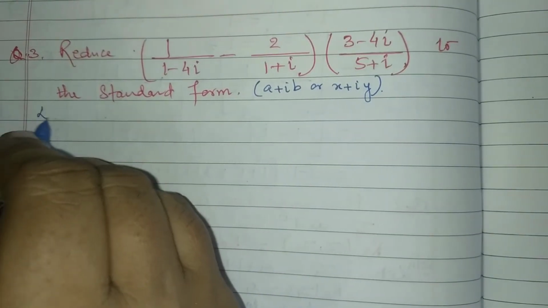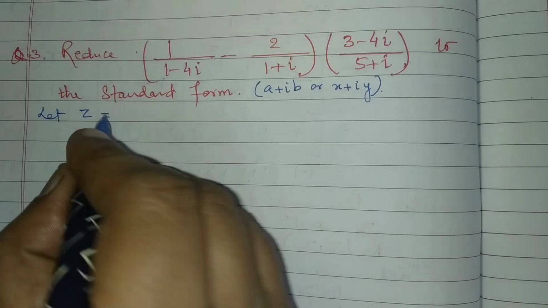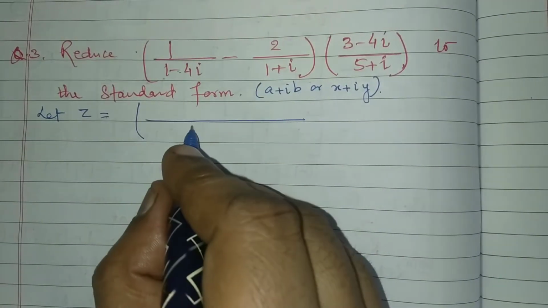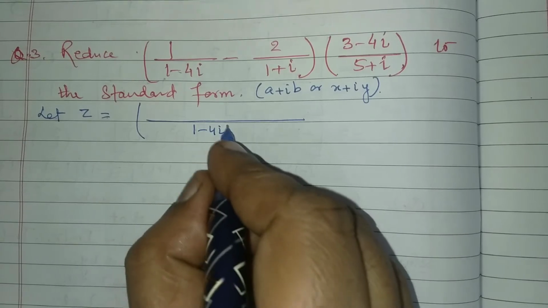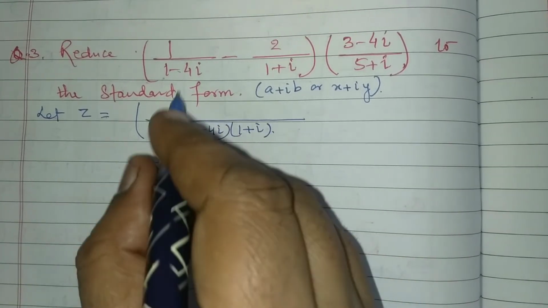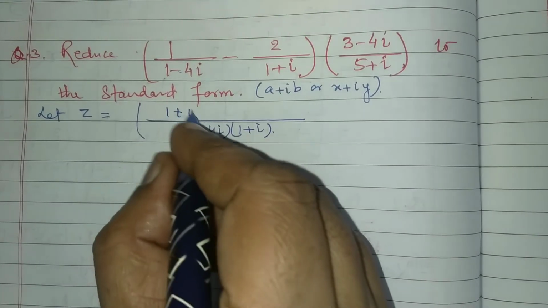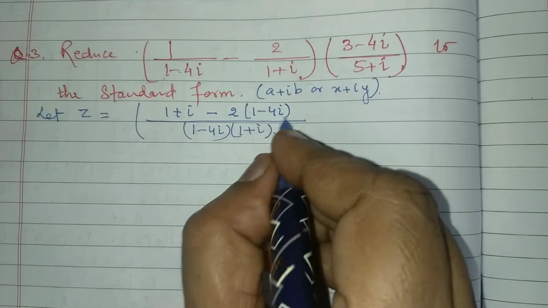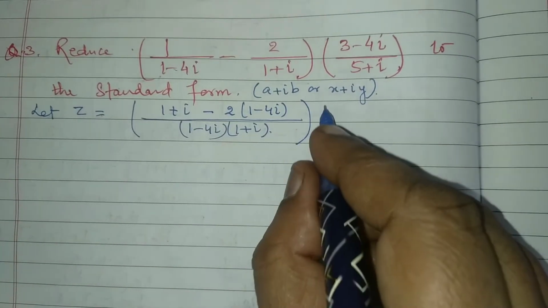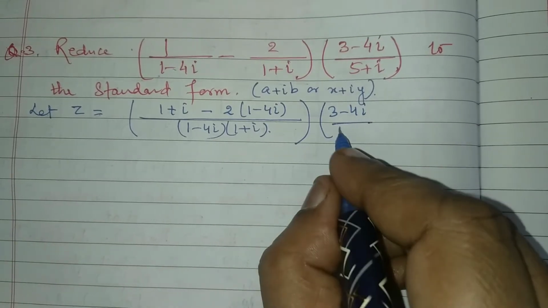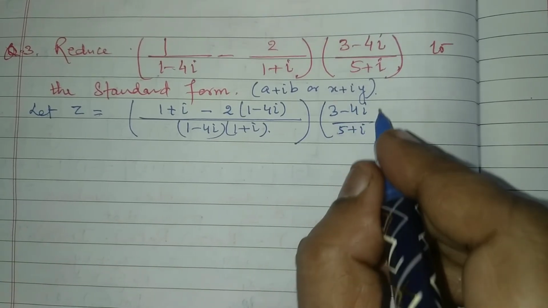So let z is equal to, I'm taking the LCM over here, 1 minus 4i into 1 plus i, then it is 1 plus i minus 2, 1 minus 4i, keep it inside the bracket, 3 minus 4i, 5 plus i.